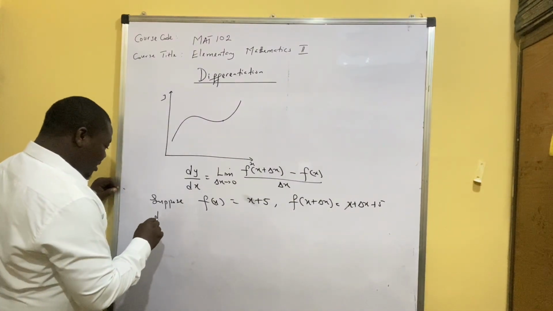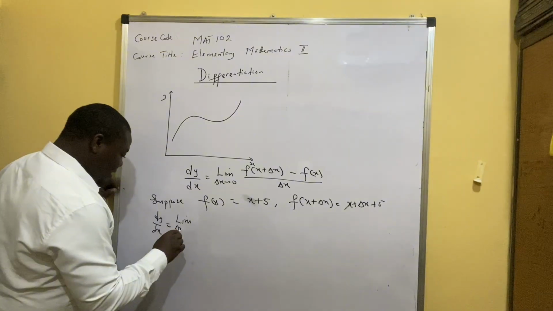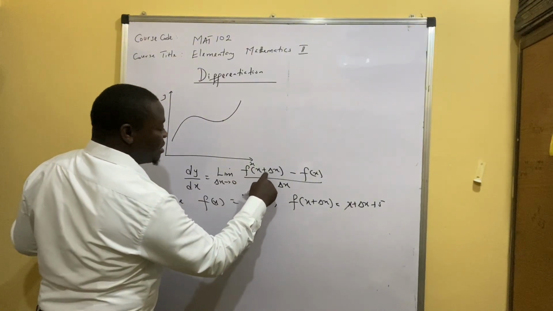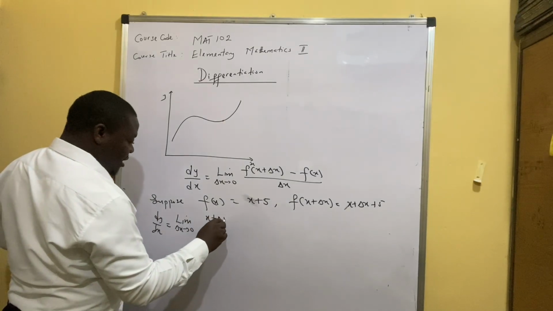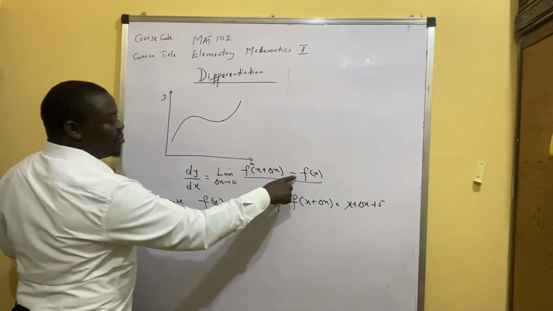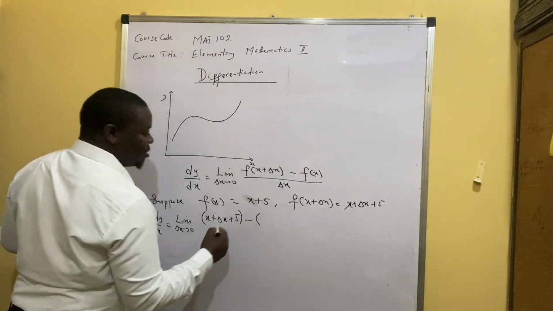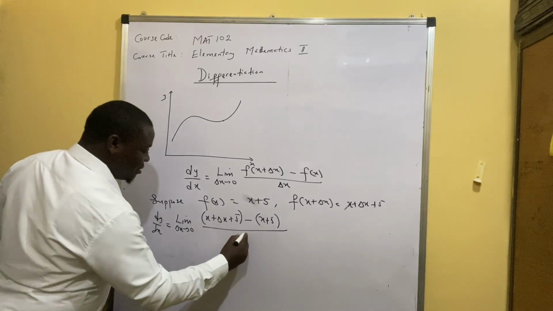So we will now say that dy/dx is equal to the limit as change in x tends to 0 of f of x plus change in x, which we have gotten here, x plus change in x plus 5, minus f of x. Let me enclose this in a bracket so that that will be x plus 5. Good. Now divided by change in x.